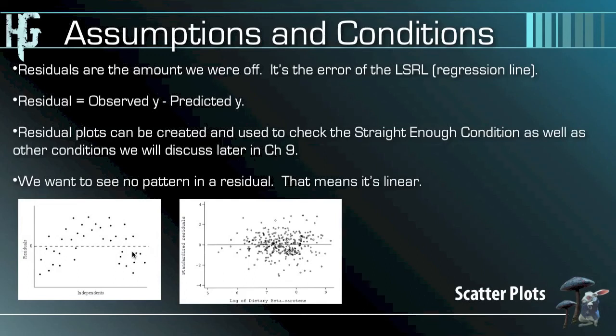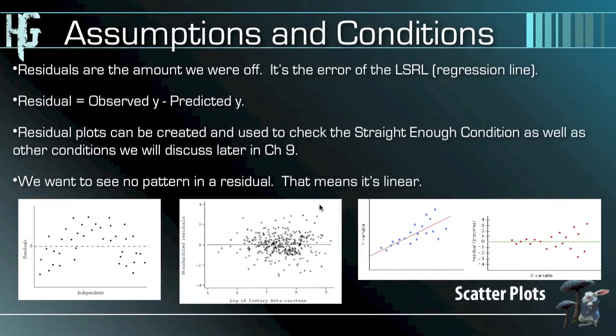And so this is bad, this is good. You want to see absolutely no pattern in the residual. If you see no pattern, that means it's linear. Here's another one that we're going to talk about. This has a funny name to it. It's actually called does the plot thicken?